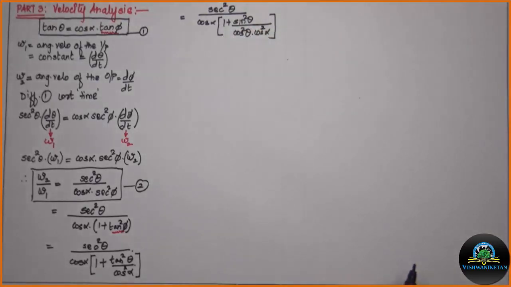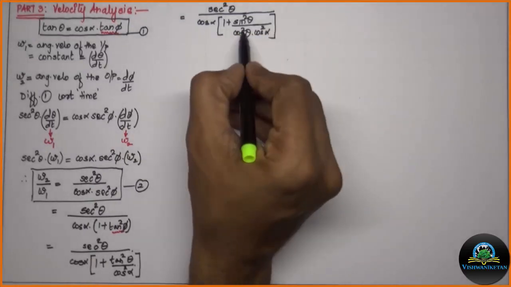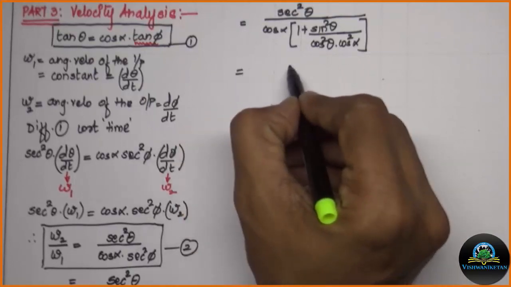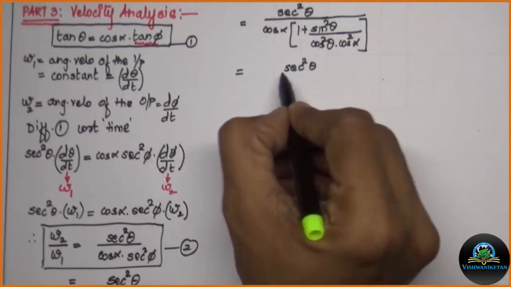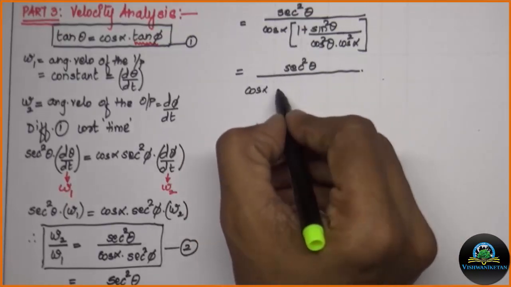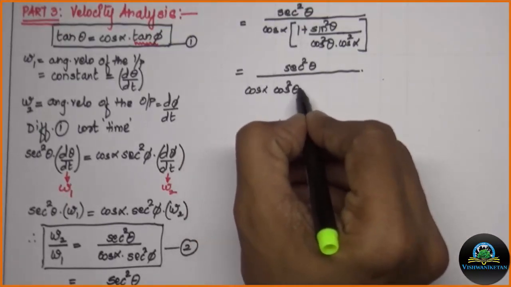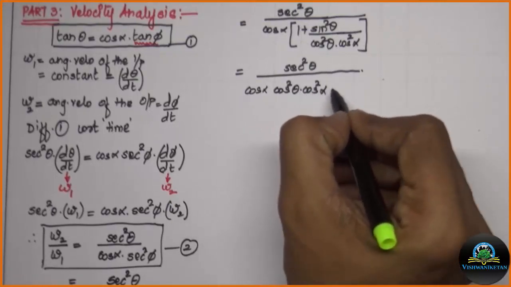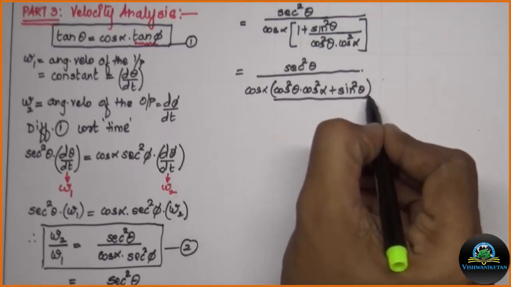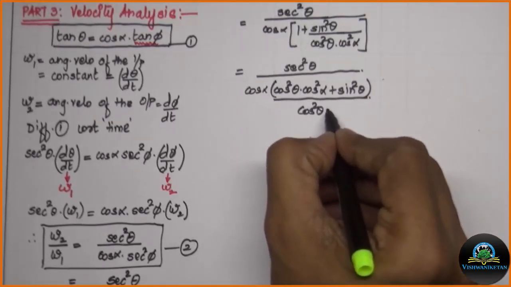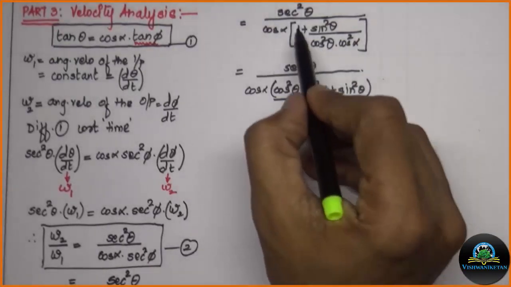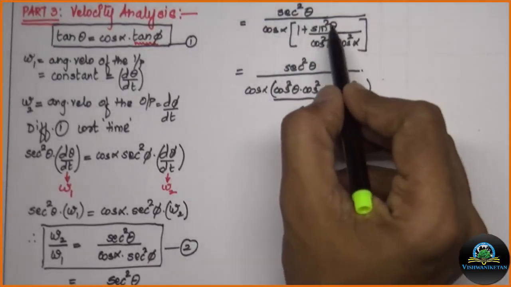Now, a little bit of algebra involved here would say that if I take the LCM inside the bracket, we would get sec square theta as it is, cos alpha, you would have a cos square theta cos square alpha plus sin square theta, divide this by cos square theta cos square alpha. So I have done nothing but I have taken this LCM inside the square bracket.